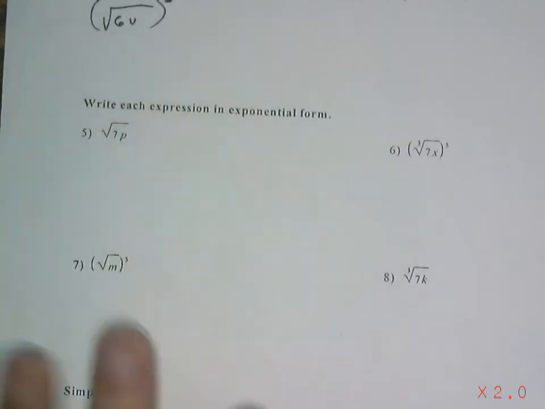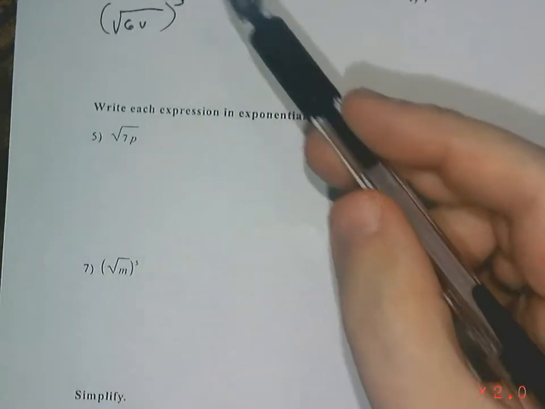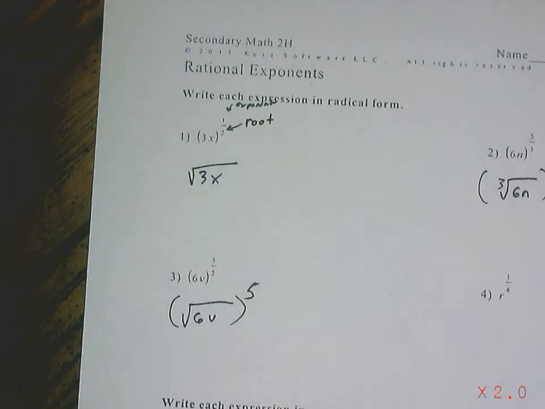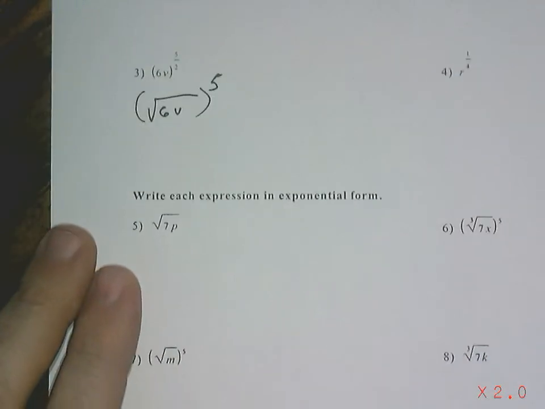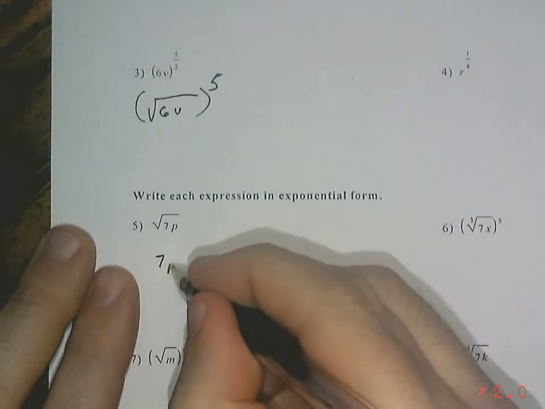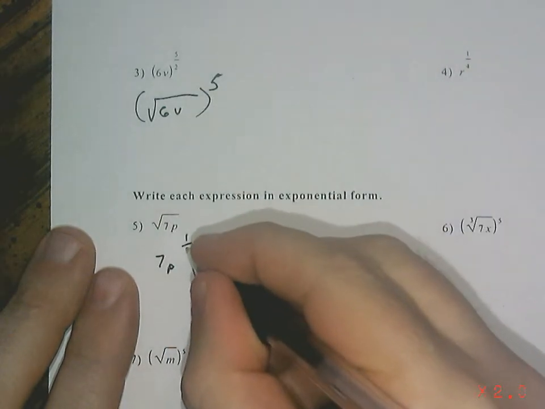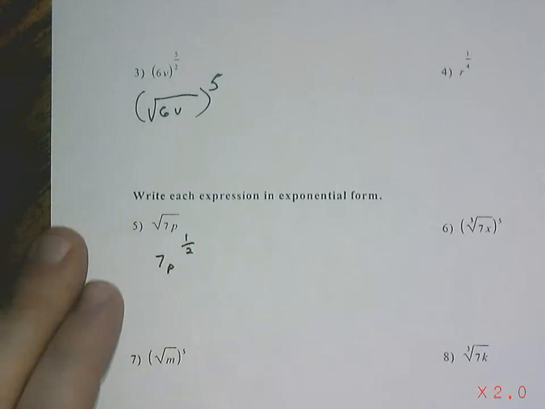So exponential form. This is a square root, so that means the denominator should be a 2, right? If I were to write this in exponential form, I'd have 7p to the, there's no exponent, so it'd just be 1 over 2. That would be that in exponential form.